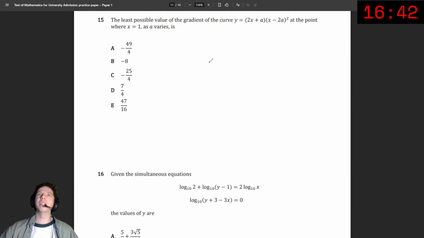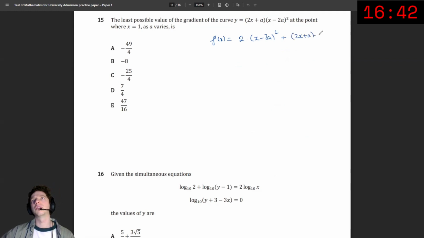Let's just differentiate that using the product rule. So we got 2 times 1. Okay, so using the product rule and then the chain rule on that one.